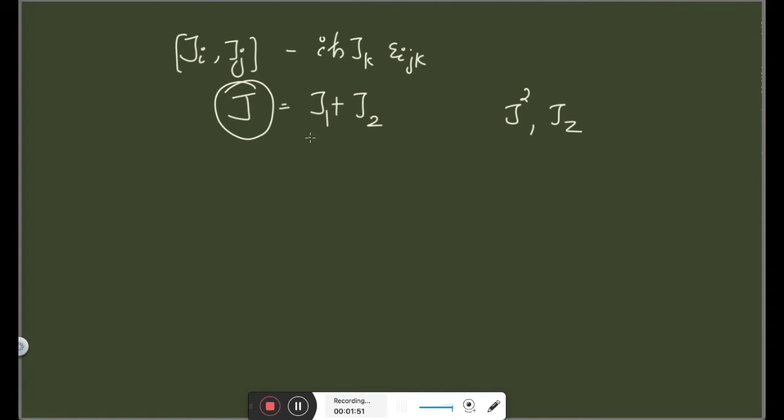And you have now, for the basis kets, we know that you have J1 square and J1z, J2 square and J2z, and now in the combined space you have J square and Jz.